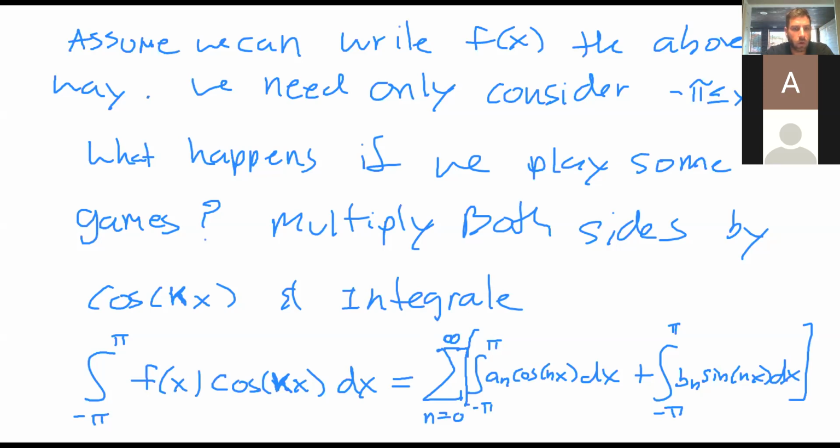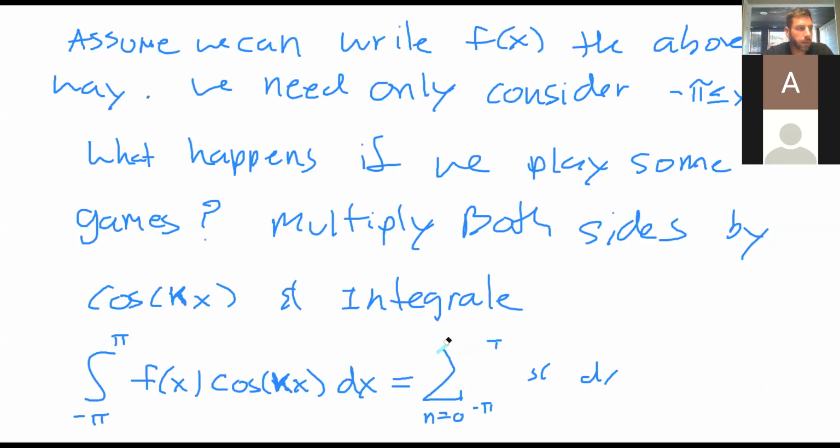So the two things I did wrong here: I did not put the cosines over here. So let's be very clear. On the right-hand side, you're going to have this series. I'm just going to write it out in the cosine piece, and then we'll do the sine piece too. So you're going to have a sub n, and now you're going to have cosine of kx times cosine of nx.